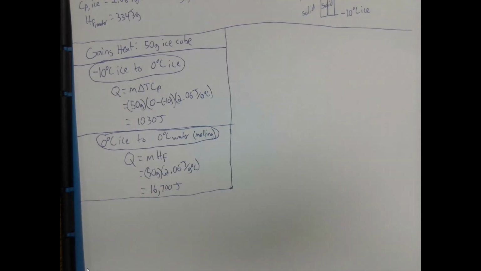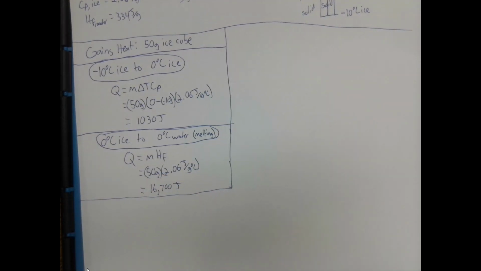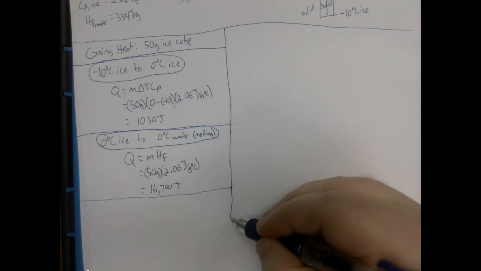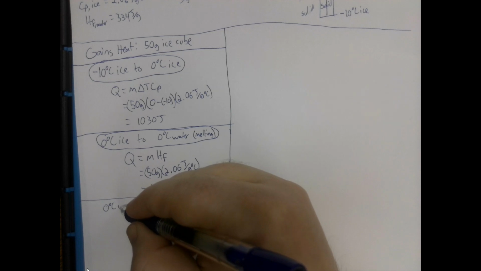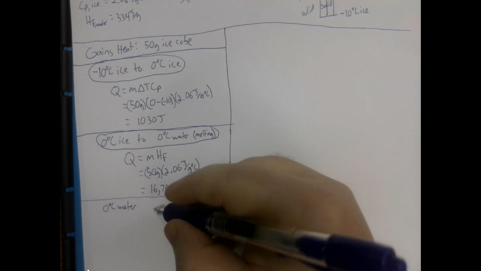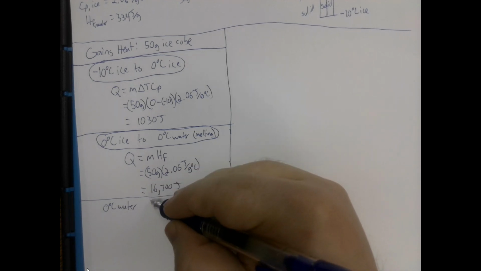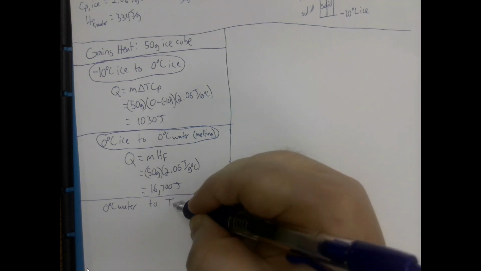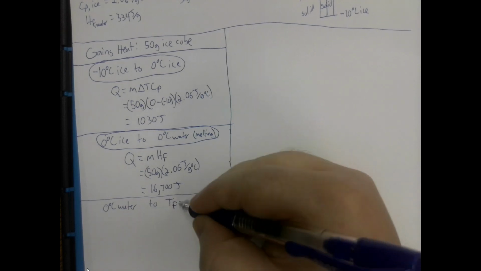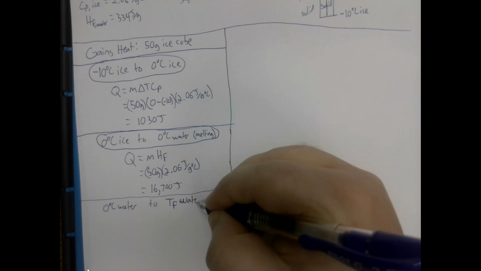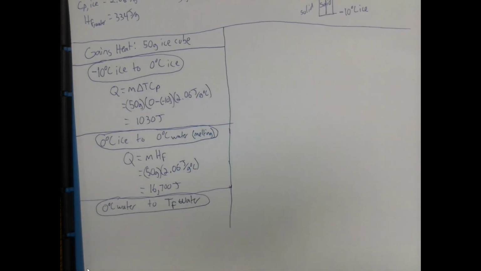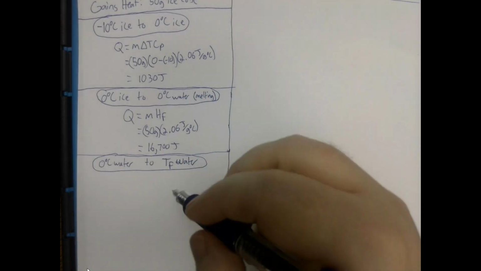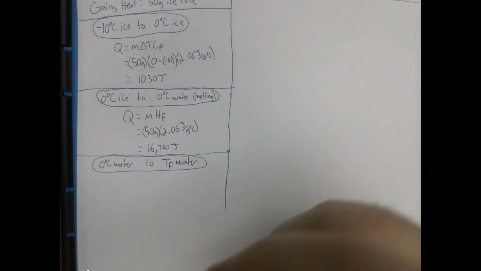The ice cube is now a liquid cube. It is melted. It is now at 0 degrees Celsius water, and it's going to increase up to some final temperature, still being water. We don't know what this final temperature is, but we will eventually solve for it.